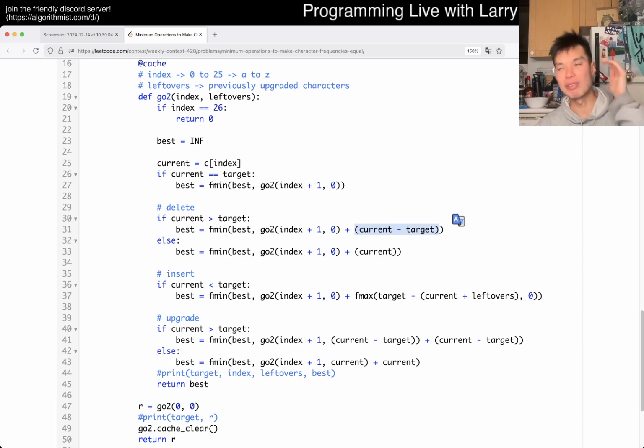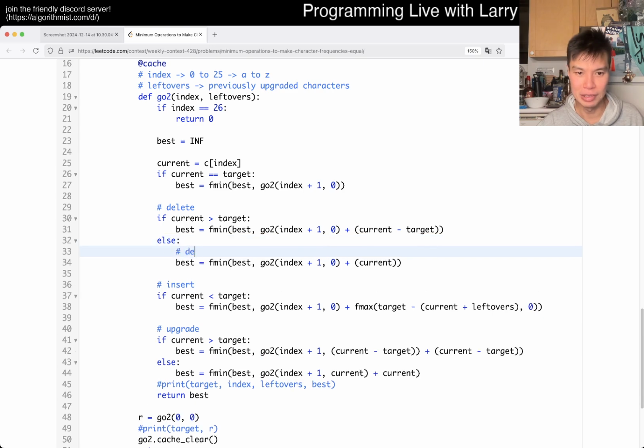Because if we have 5 A's and we're trying to get to 2 A's, you just have to remove 3 A's. Straightforward. And this is delete to 0, right? Maybe I'll write it. Delete to 0, and that's also relatively straightforward. I think the cost, where you have 5 A's and maybe your target is 10 A's or 11 A's, you just go from 5 to 0 and then check it. So that's basically this constraint.